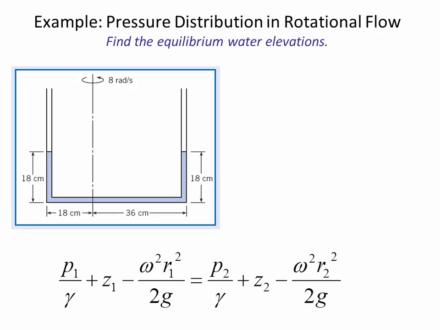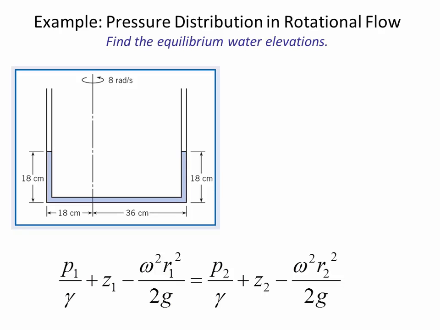Okay? So we've got our R values. R1 is 0.18 meters. R2 is 0.36 meters. All right. And because of us being smart about what we called 1 and 2, pressure at 1 is 0 and pressure at 2 is 0.